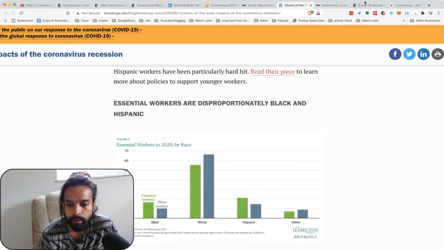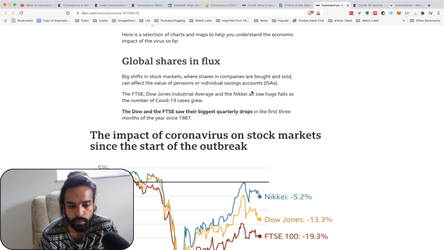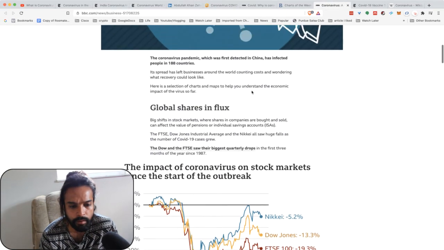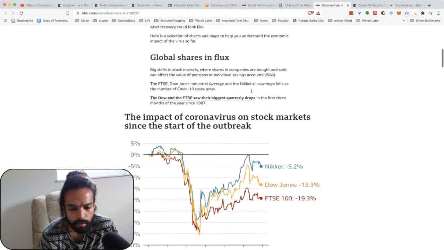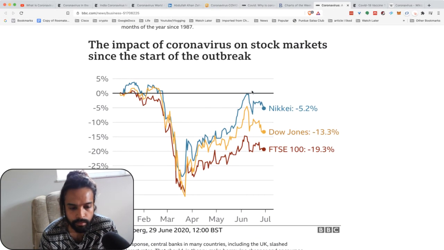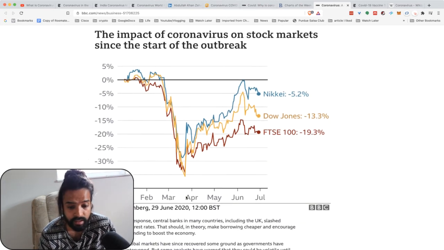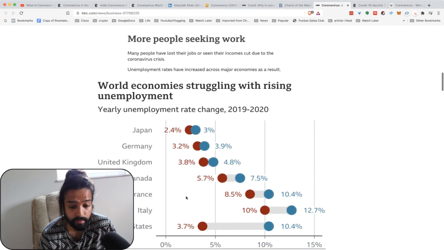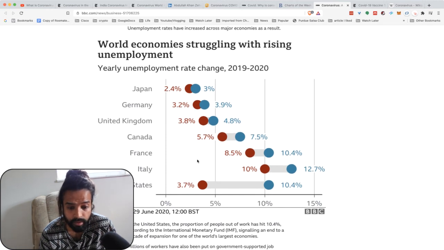And then there is another one that I liked on BBC. This one is the impact of coronavirus on the stock market. As you can see, during March and April, Bitcoin and all other stock markets, Dow Jones, everything collapsed 30%, 35%, which has never happened in the past decades maybe.